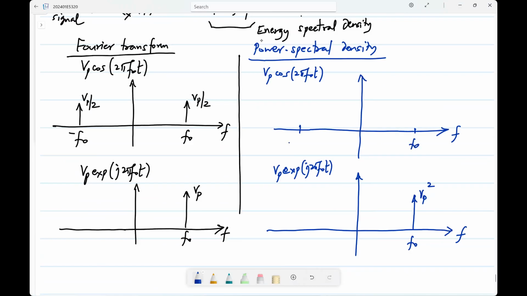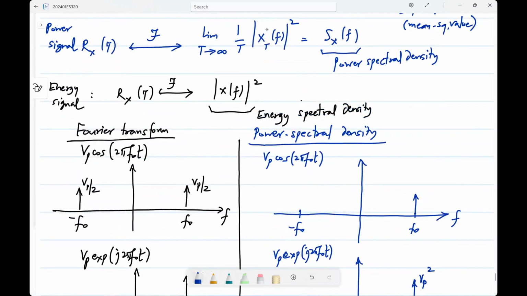Okay. You will have impulses at f naught and minus f naught. What's the area of these impulses? How much? Vp by 2. Why did it become Vp? Vp square by 4. Yeah.